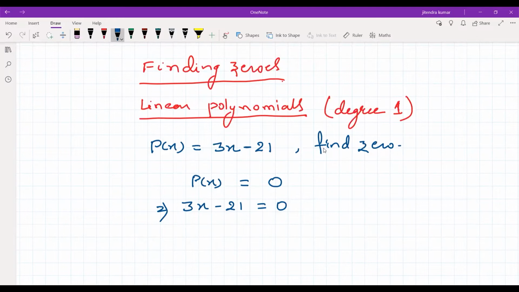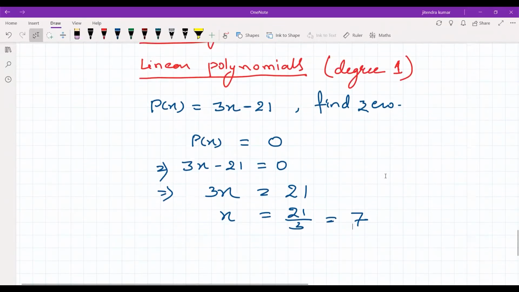Yeah, so the answer will be 7. How? We will take 21 from the left side to the right side, then it will become negative to positive. So we will have 21 here, and then it will get divided by 3. So we will get 7. So x is equal to 7.